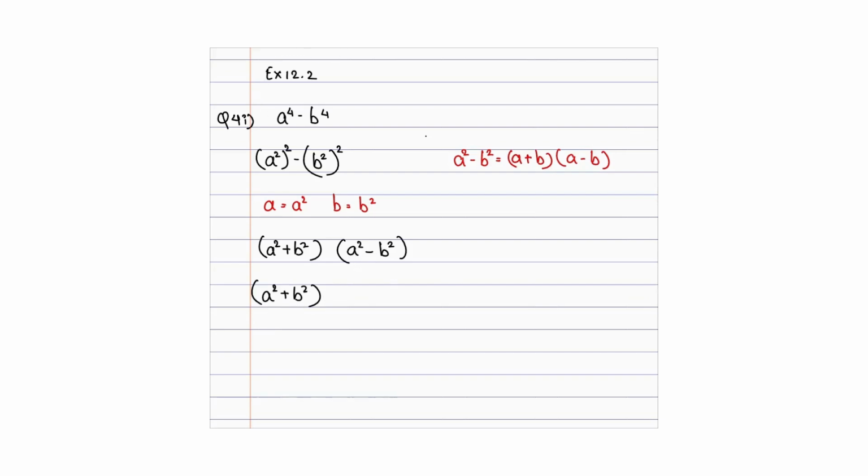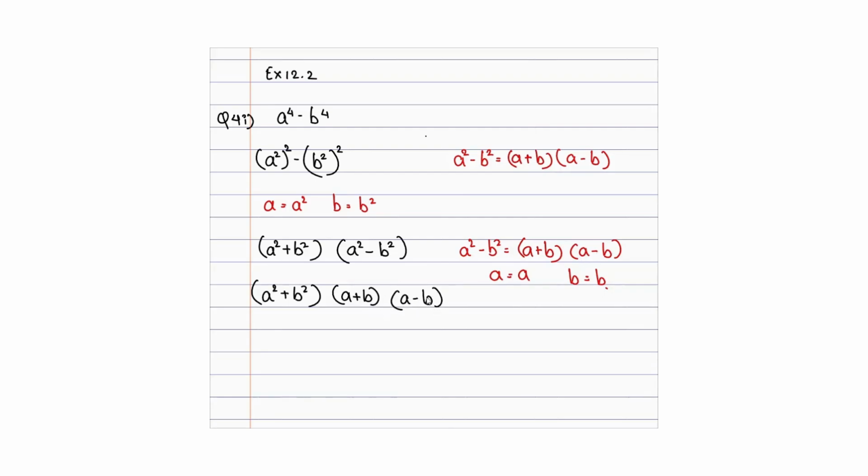Again, we can clearly see that a square minus b square is one identity, that is a plus b and a minus b. And here our a is a and b is b. So a square minus b square will be a plus b and a minus b.